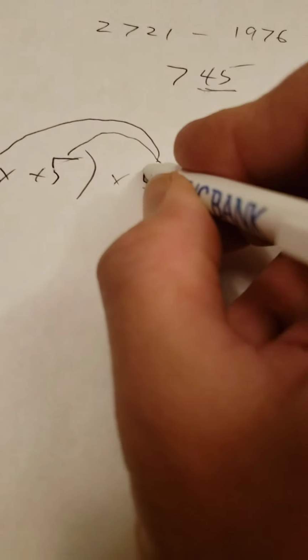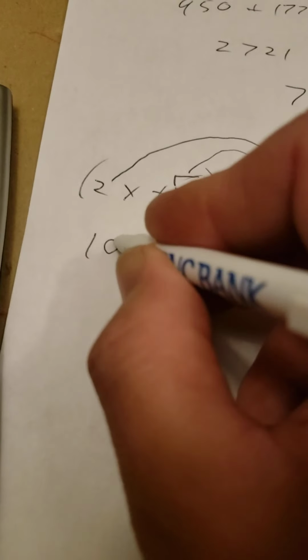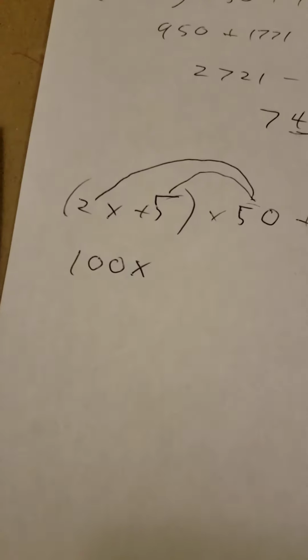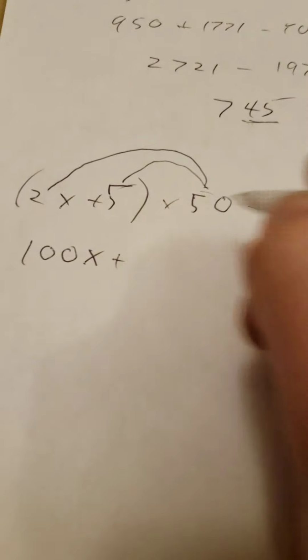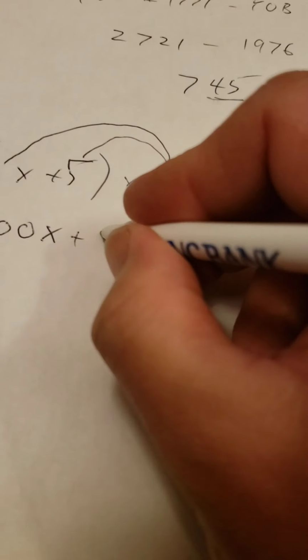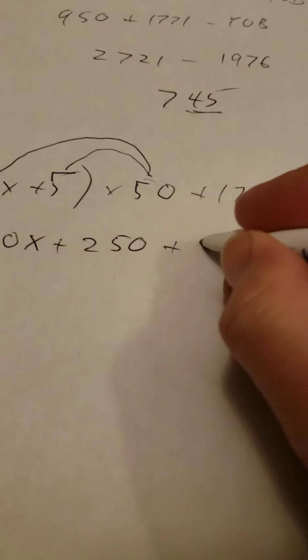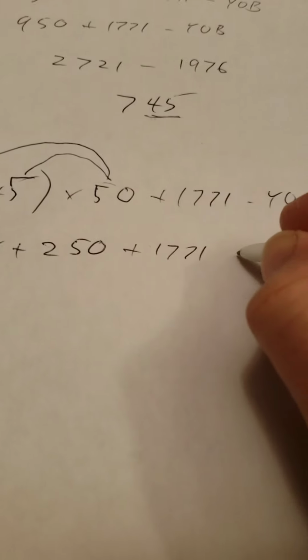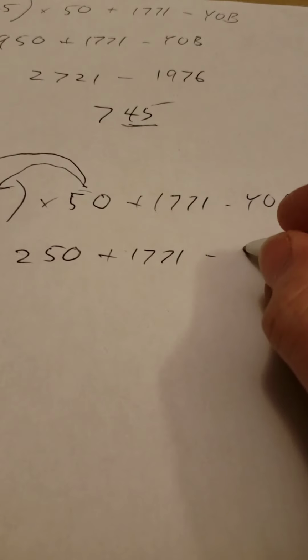So 50 times 2 is 100x plus 50 times 5 is 250 plus 1771 minus the year of birth.